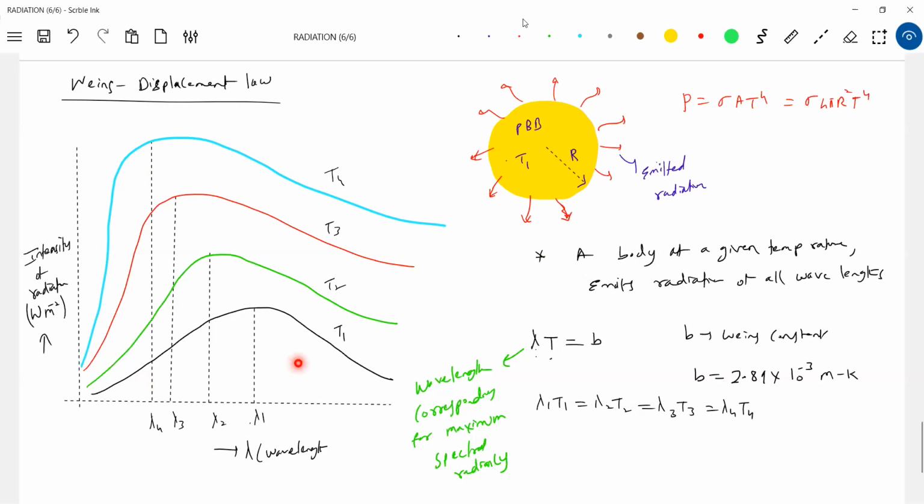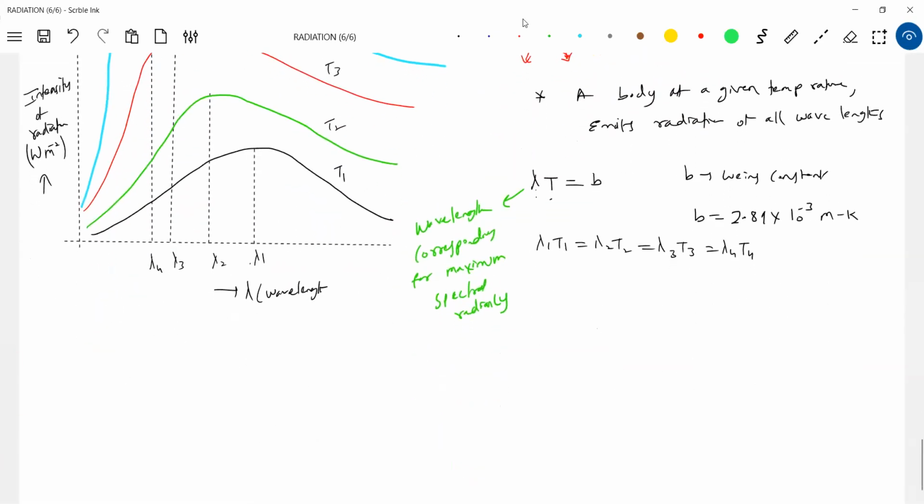So let's take an example. I'll take the iron rod, especially when it is red hot. It will have temperature, say, T1 and lambda 1. Further, when I heat it up, it will become orange.